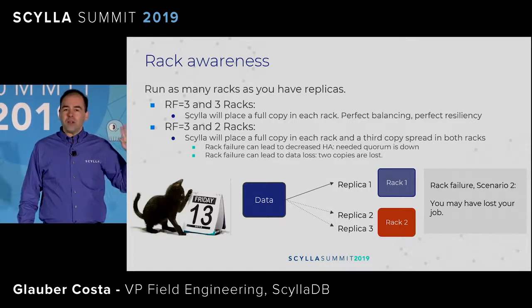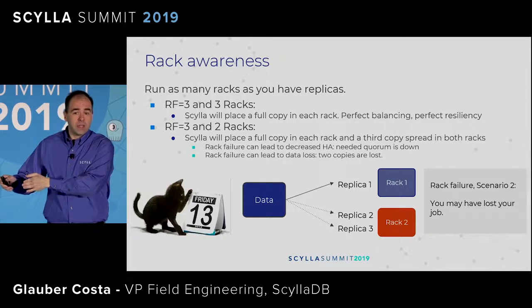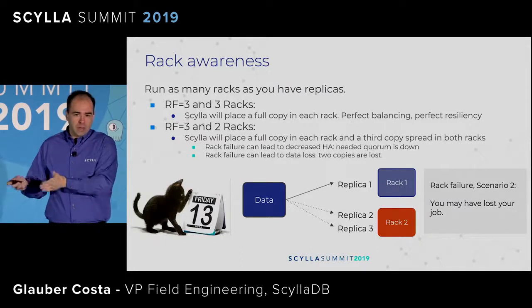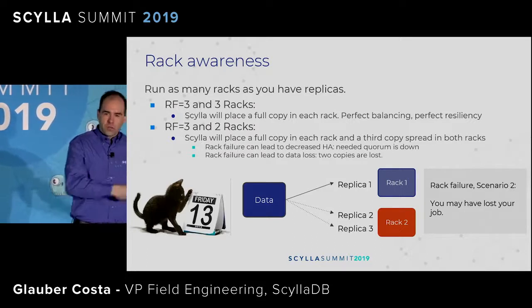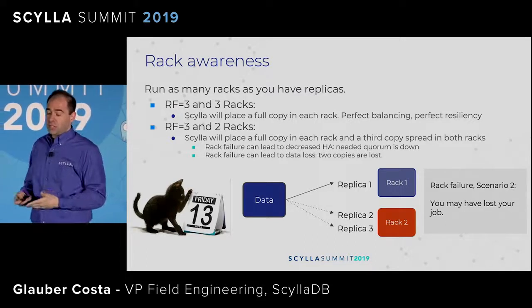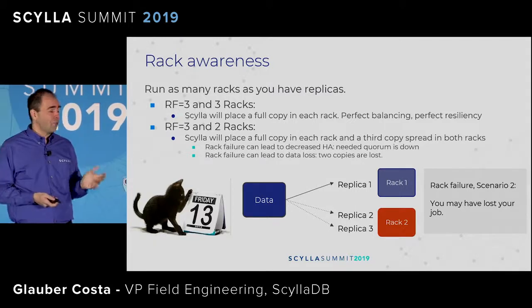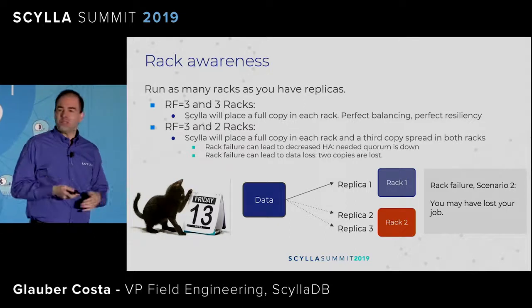And I can actually guarantee you that this is what's going to happen, because in practice it is not like there is one rack hosting 2 copies. Part of your keys are going to be in this rack, the other part in the other, so you're going to lose something, right? This is guaranteed to happen. And you just might have lost your job. So depending exactly on your consistency guarantees.